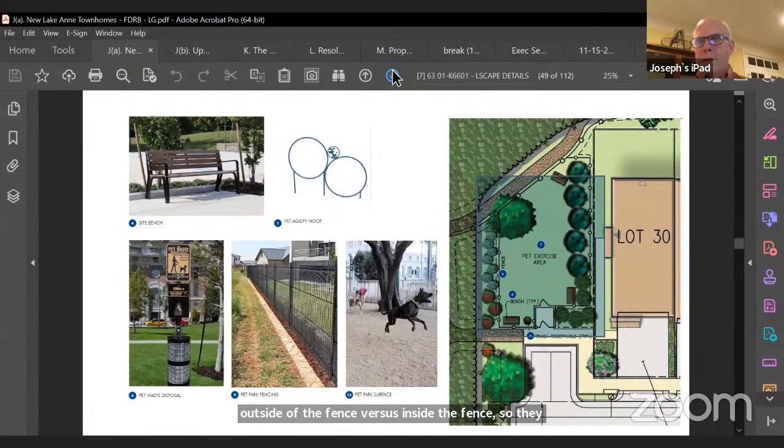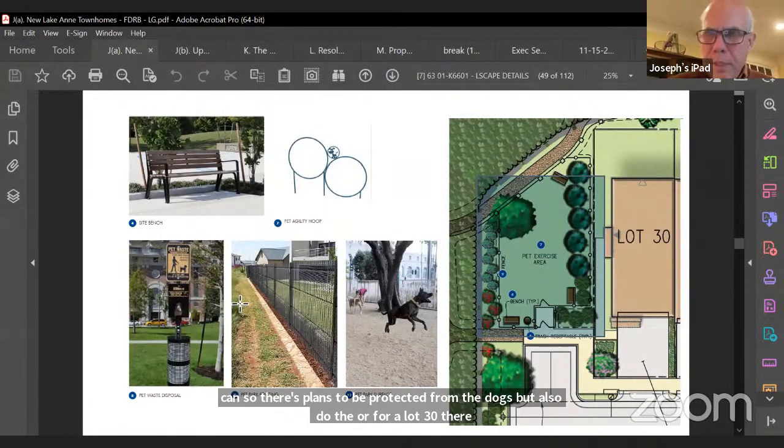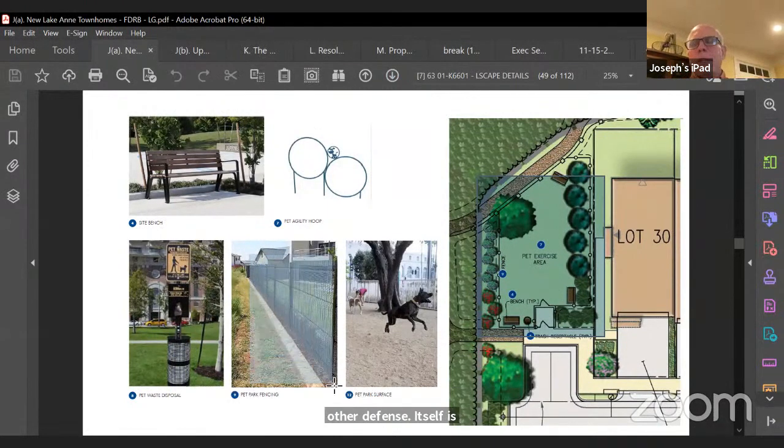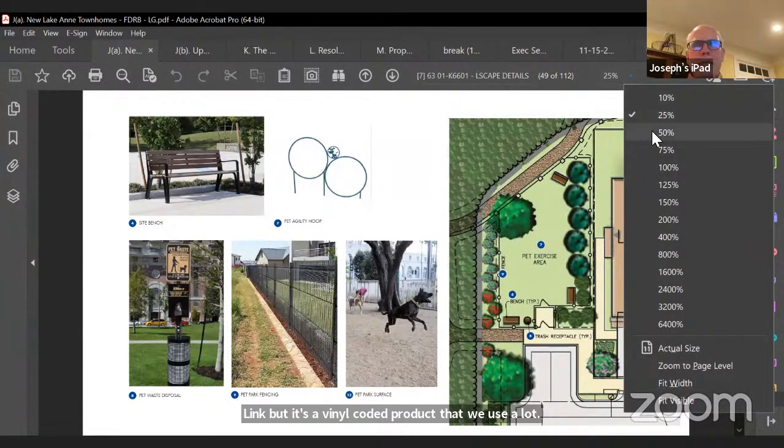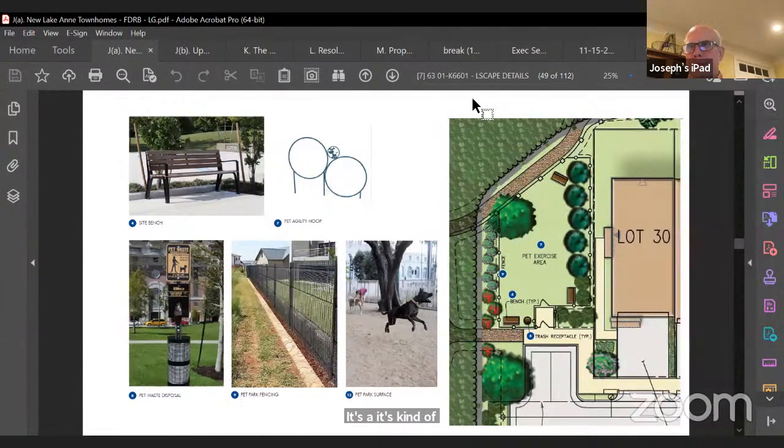The fence itself is not chain link, but it's a vinyl coated product that we use a lot. It's kind of invisible, but yet does its job for the dogs, about 4 feet in height. And the surface, as I said before, would be more of a gravel type surface.